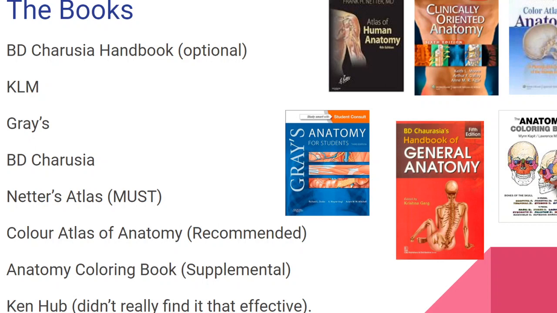And then the last one is called the Color Atlas of Anatomy. This one is actually a dissection anatomy book. I don't have it, but I do plan on getting it because I've heard really great things about this book. It's really good to have these books with images. So Netter's Atlas, and then there's a dissection atlas.